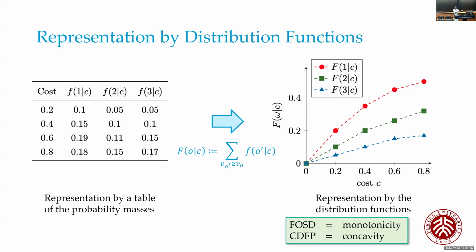FOSD and CDFP actually correspond to the monotonicity and concavity of those distribution functions. So if we see the instance this way, we can find it really has some very good functional properties. Now we can make use of this to learn efficiently the information of those instances.